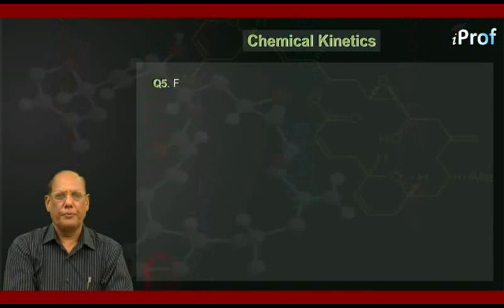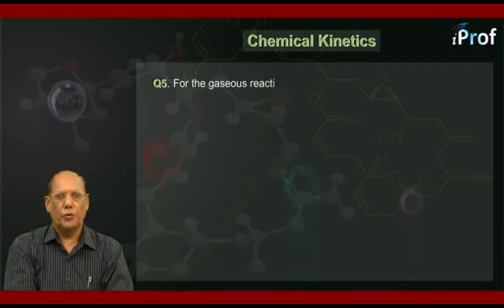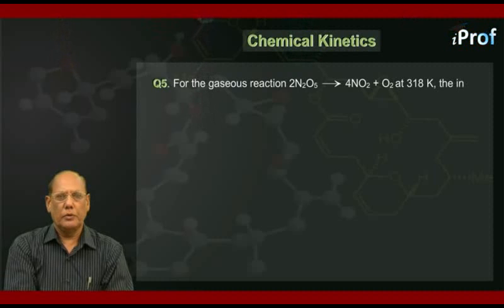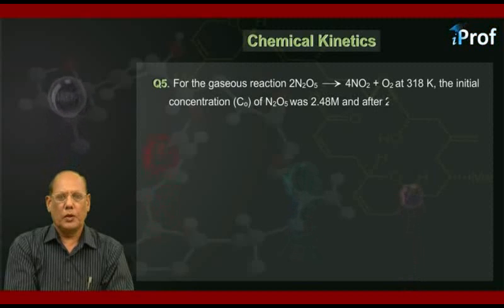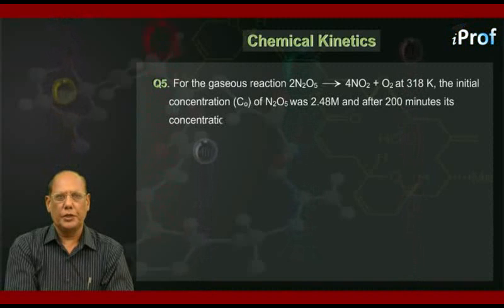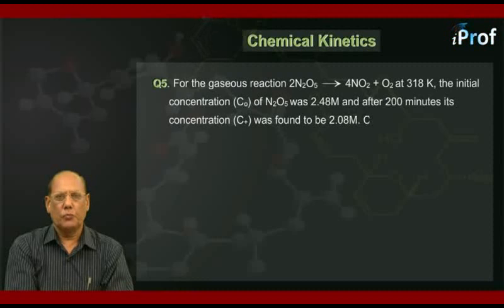Question number 5. For the gaseous reaction 2N2O5 giving 4NO2 plus O2 at 318 Kelvin, the initial concentration C0 of N2O5 was 2.48 molar, and after 200 minutes its concentration Ct was found to be 2.08 molar.